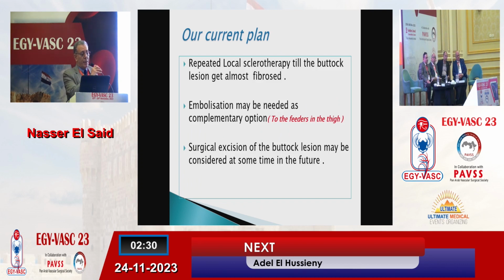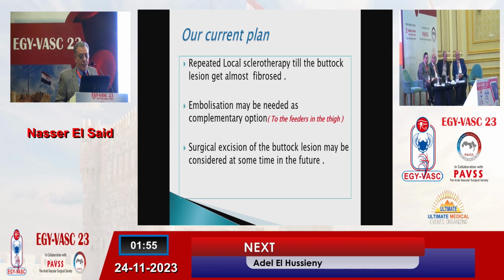So our current plan, what we should do next: there are still connections in the lateral side, just above the neck. After decreasing the tension, we can start to do local sclerotherapy, whether with ethanol or with foam injection.